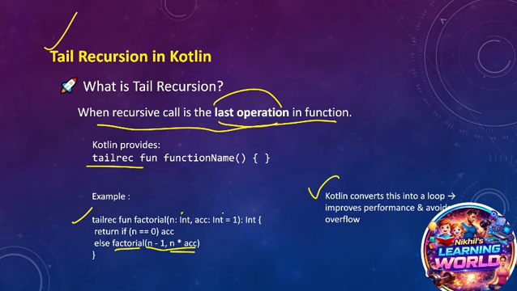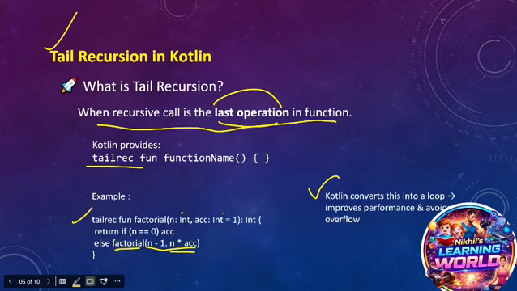So you can see here, for example, a tailrec function factorial. In the factorial we have to call the same function again and again. That time this type of recursion is very helpful. Return when n equals 0, and in the else part number minus 1 and number times the passing parameter.